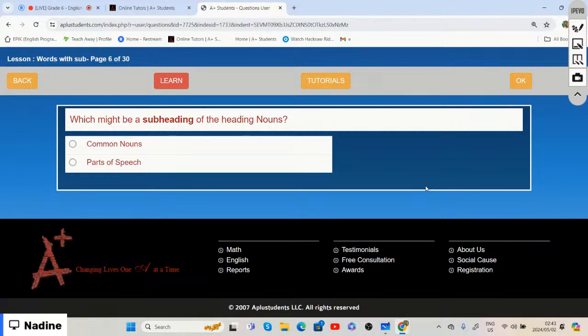Which might be a subheading of the heading nouns? If we're doing nouns, nouns is our heading. What do you think might be our subheading? Is it common nouns or parts of speech?